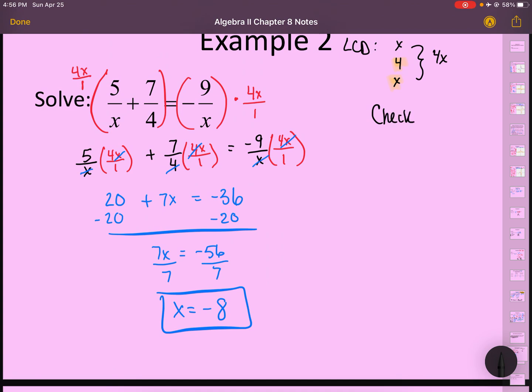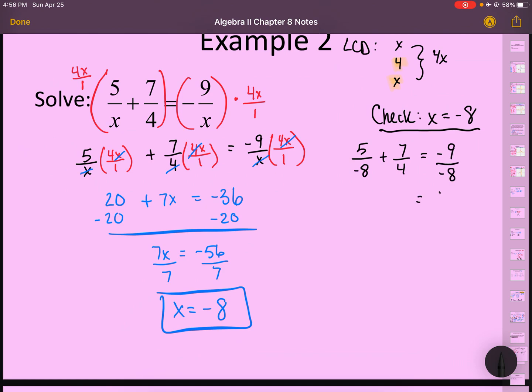So whenever x is negative 8, this is going to be 5 over negative 8, plus 7 over 4, is going to equal negative 9 over negative 8.